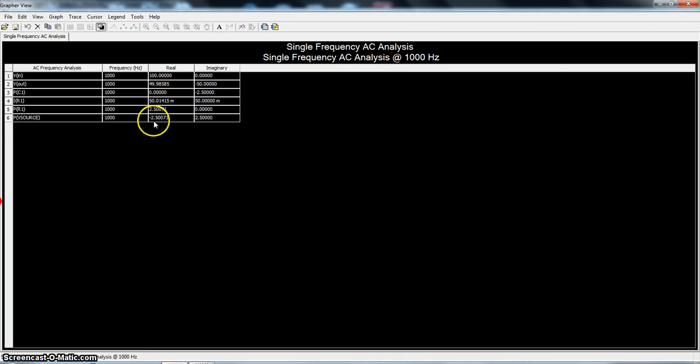And then for the source, we have to interpret this properly. It can be a little confusing. The reference in Multisim for power is a positive value, means power absorbed. So a negative value would represent power delivered.